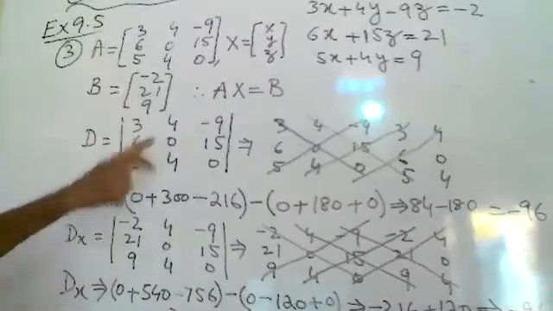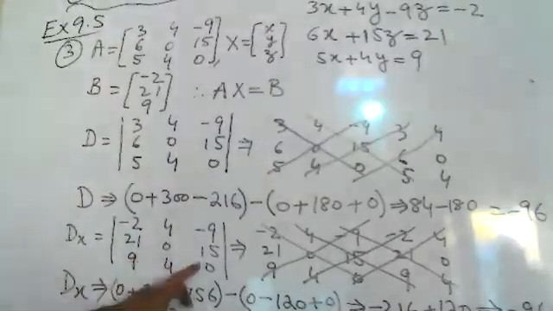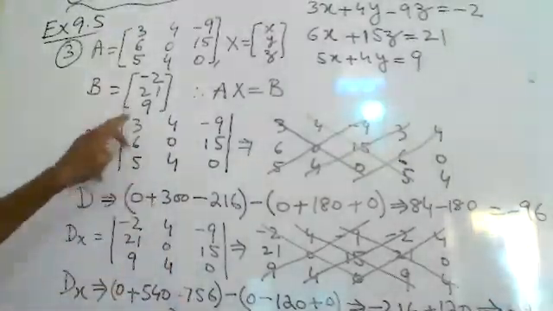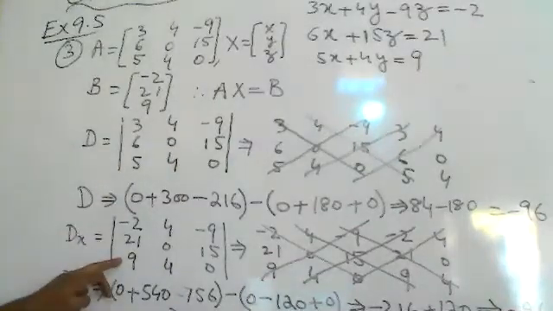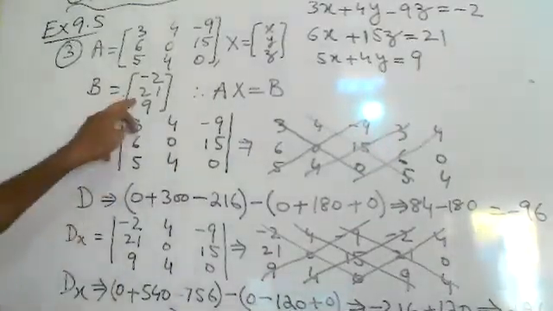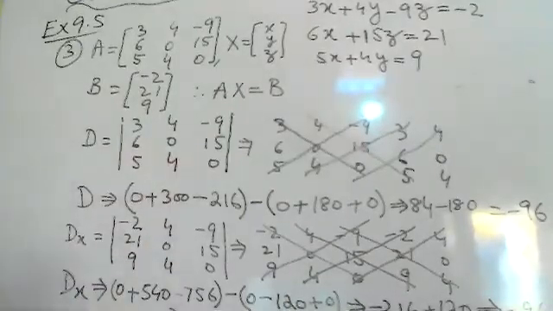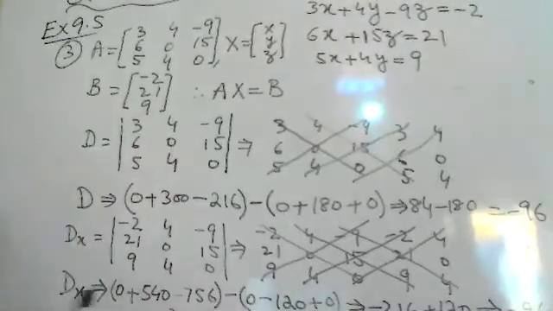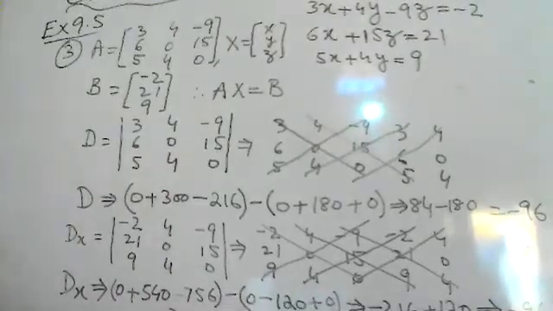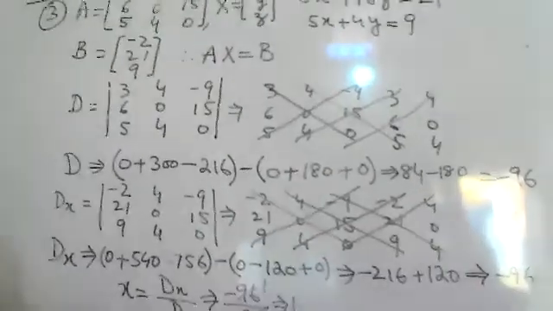The remaining two columns are as they are. This is dx. Now we solved it and found the value of dx is equal to minus 96.